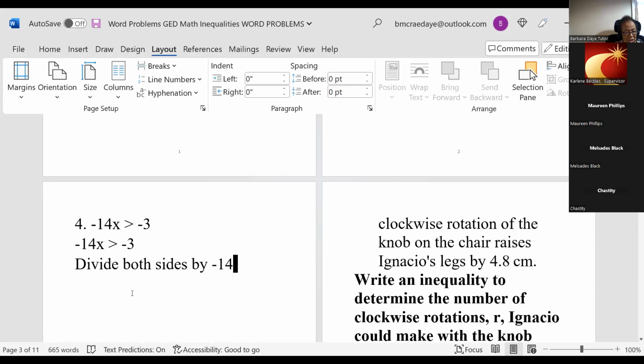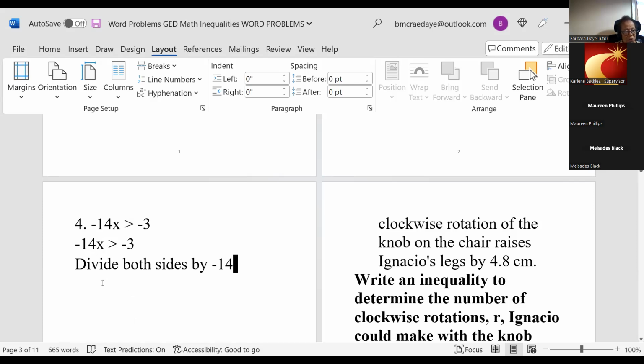That's not an addition. That's not a subtraction. That does not say x plus 14. Side by side means multiplication, saying minus 14 times the variable x. That means you have to divide both sides by minus 14.